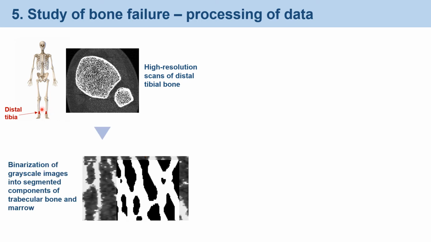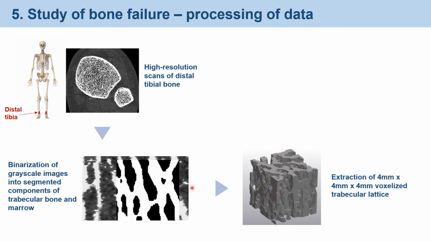After this, we separated bone from the marrow in the CT scans using thresholding of the grayscale values. As you can see on this image, the white is trabecular bone, the black is bone marrow. After that, we repeated this procedure of separation for multiple adjacent CT slices to obtain a 4 by 4 by 4 millimeters voxelized trabecular lattice.